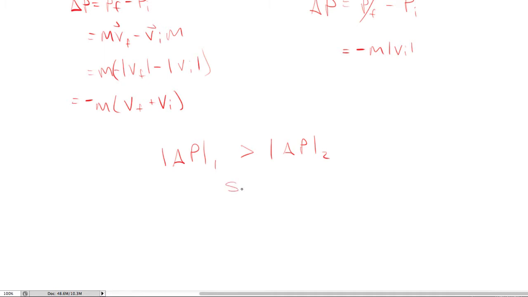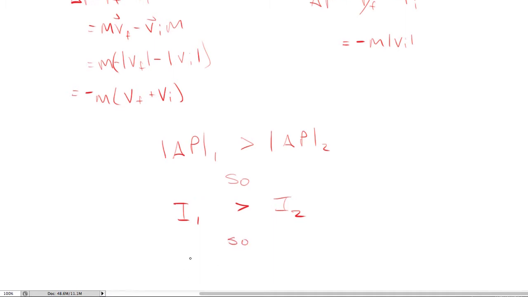If there's a larger change in momentum, that means the impulse in our first scenario, from our first vest, has got to be greater than the impulse acting on the bullet in the second case. We know that impulse is related to a force over a time.